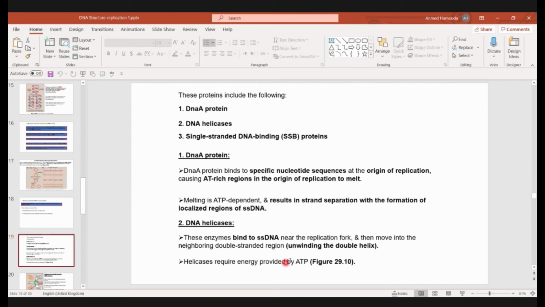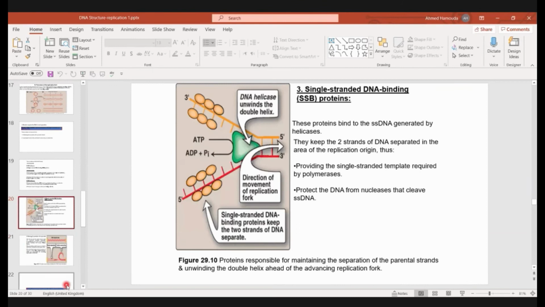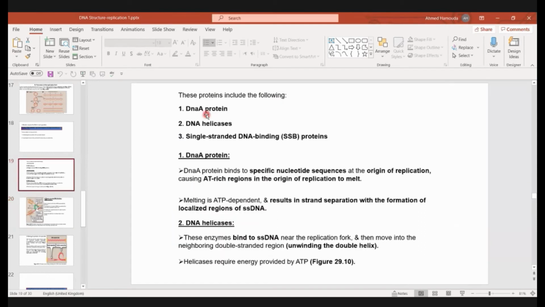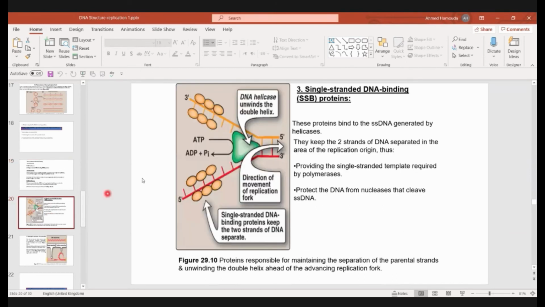And these helicases require energy. So, to clarify what I'm saying, you have a double-stranded DNA here, okay? The DnaA proteins will come here, and then the helicases will come here and move along to open this DNA, and it needs ATP, energy.